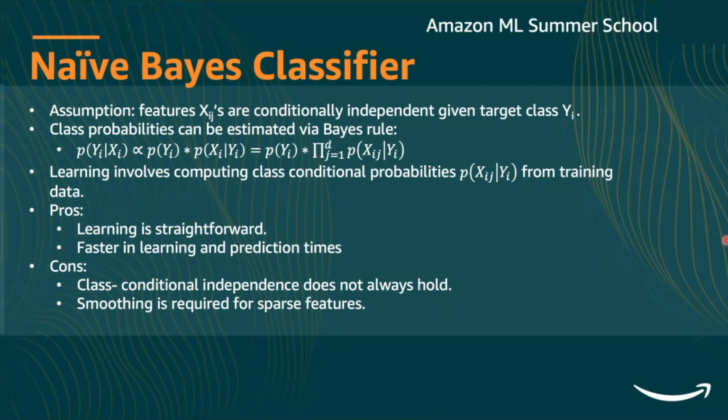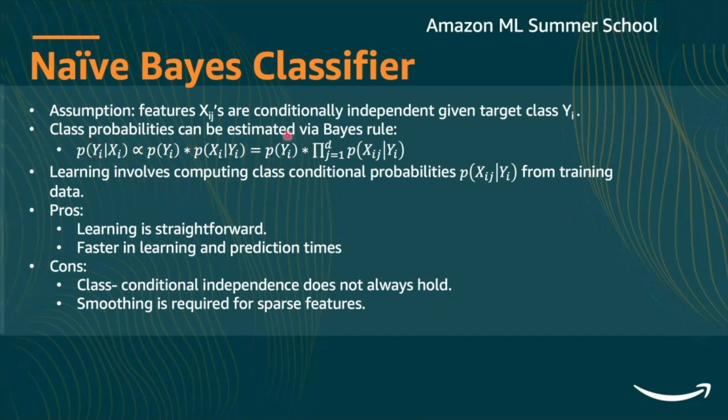In the real world, these features may be related, but the assumption which you're making is that, given you know the class or the category of the data, these features would be independent of each other. So this is what it says. The model computes the probability that this point xi has the class yi, which can be computed using the Bayes theorem as p of yi into p of xi given yi.